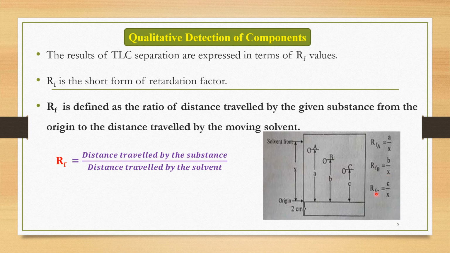In a similar way, the RF value for sample spot C is equal to c divided by x, where small c is the distance covered by this spot from the origin, and x is again the distance traveled by the solvent from the origin. In this way we can calculate the RF value for each and every spot obtained on a glass plate with the help of this simple ratio of distance traveled by the substance divided by distance traveled by the solvent.